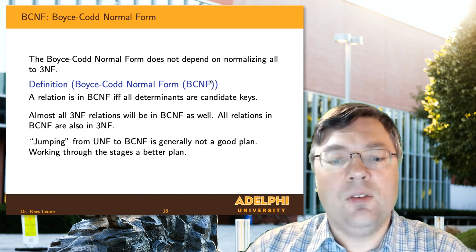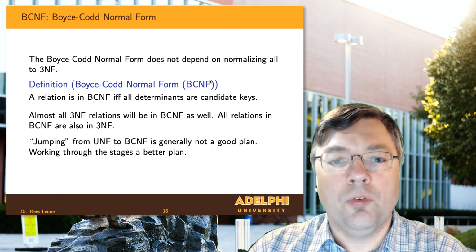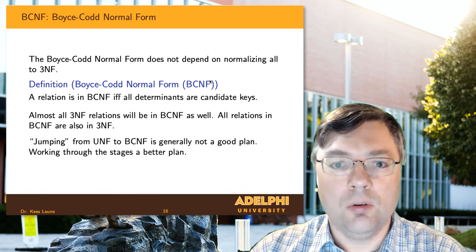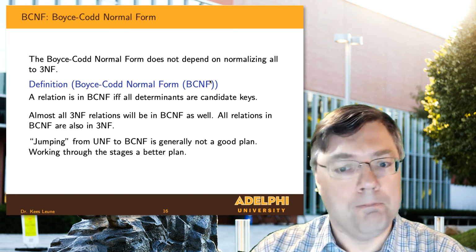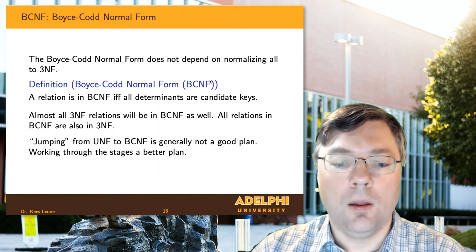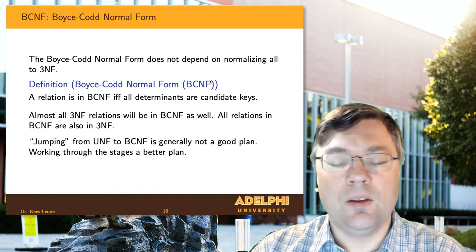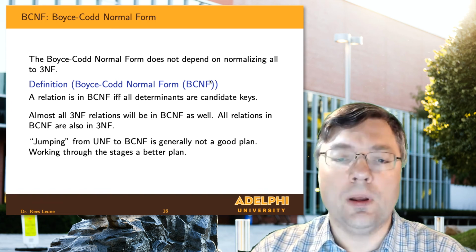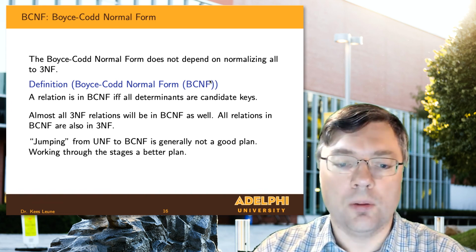The definition is that a relation is in Boyce-Codd normal form if and only if all determinants in the relation are candidate keys. That's all. That's the only thing you have to test for. And that sounds a lot simpler than all of those previous definitions. It turns out doing it is a whole lot harder.